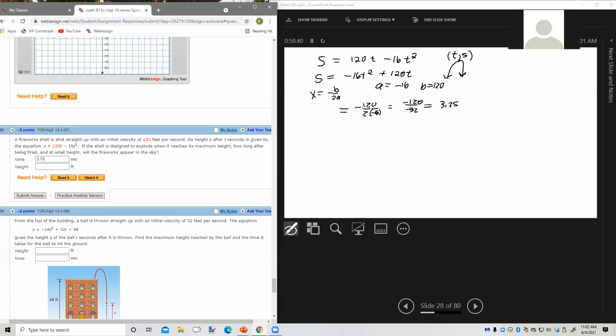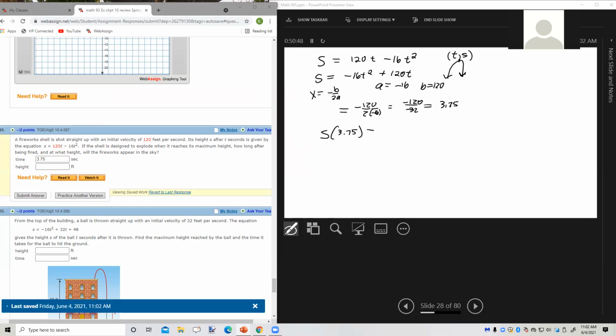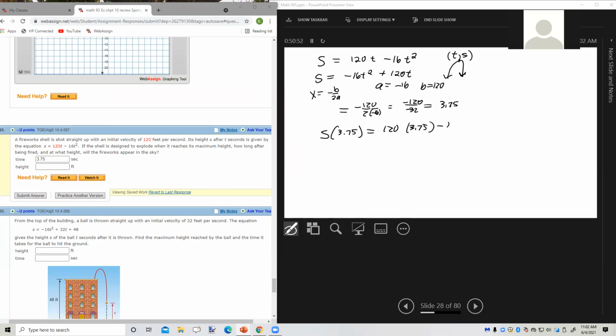The height, so we would be finding what? Basically s, if it was written as a function, s of 3.75. I guess I should use this one. It doesn't really matter because the top one and the next are the same equation, but let's stick with that. So negative 16 times 3.75 squared plus 120 times 3.75.